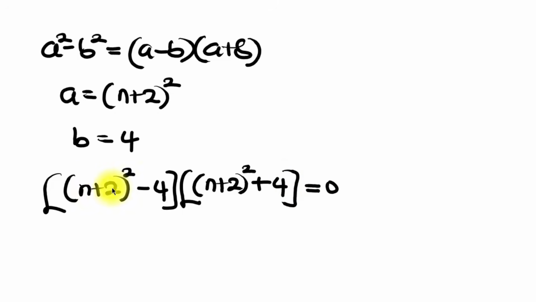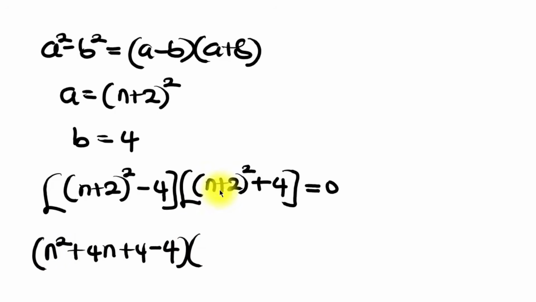So I can expand what I have inside of this parenthesis. So this will be n squared plus 4n and then plus 4. Very good. That is what I have here. And then minus 4. Now we can do the same thing here. So this is n squared plus 4n and then plus 4, the expansion of this. And then plus 4.